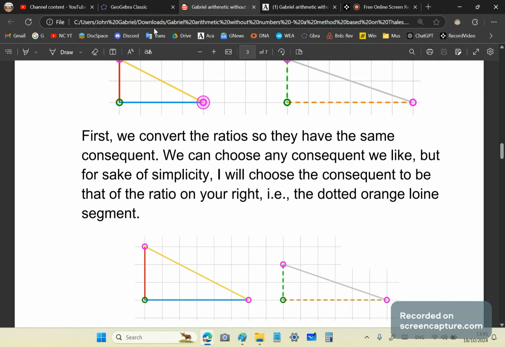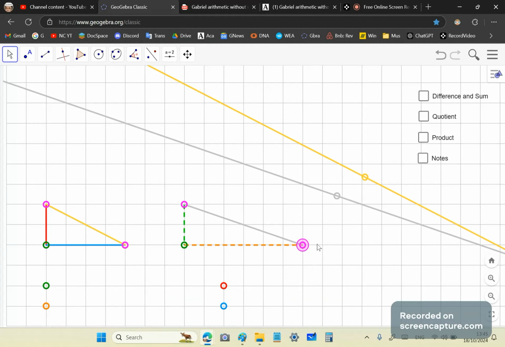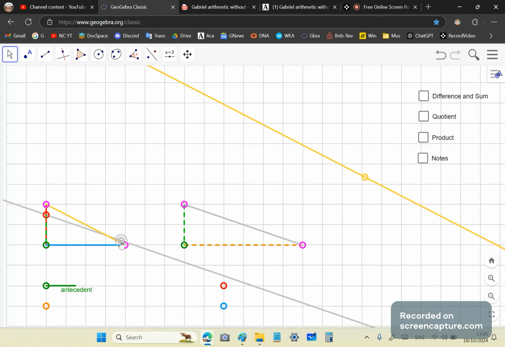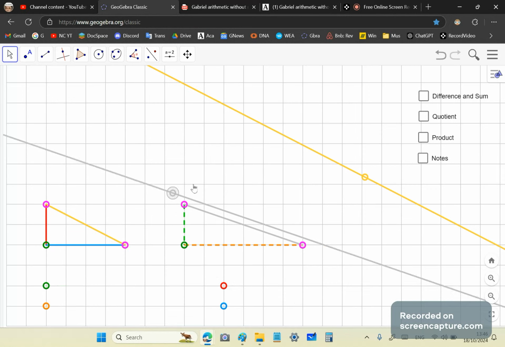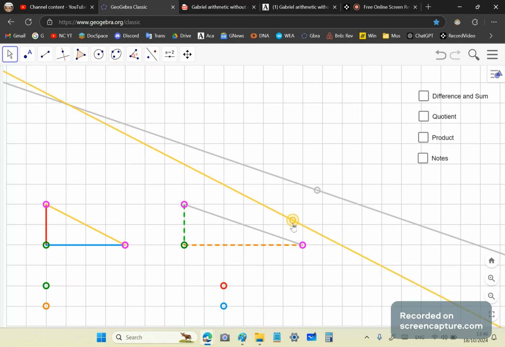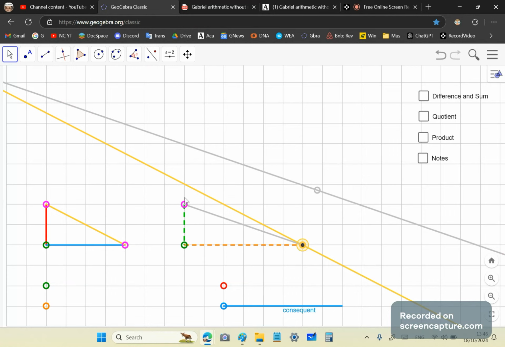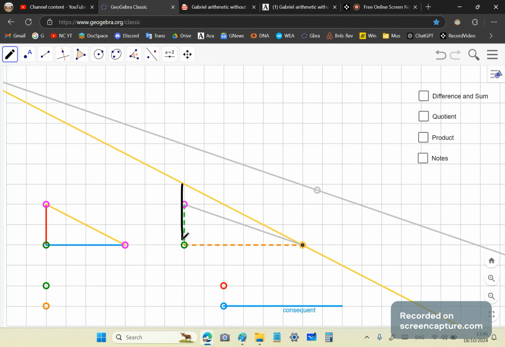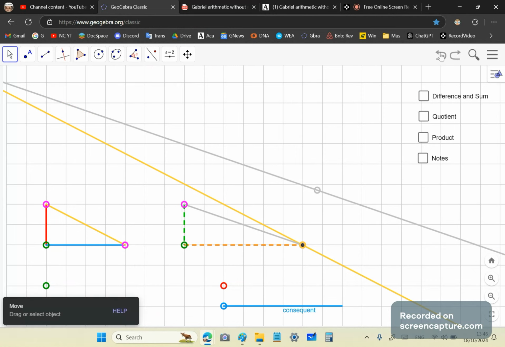And how will I do that? Well, I'll take the line that's parallel to this guy, and bring it over here like that, and then the new antecedent will be this line here, right? That will be the new antecedent. So I'm going to choose that method to get this antecedent here.